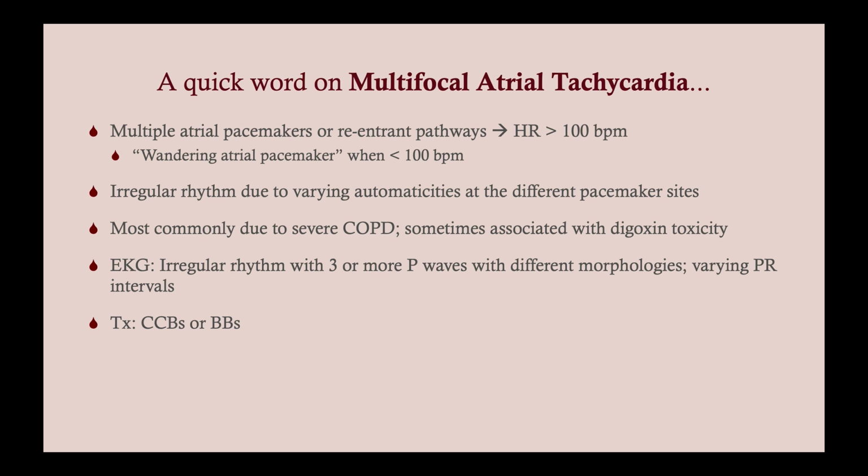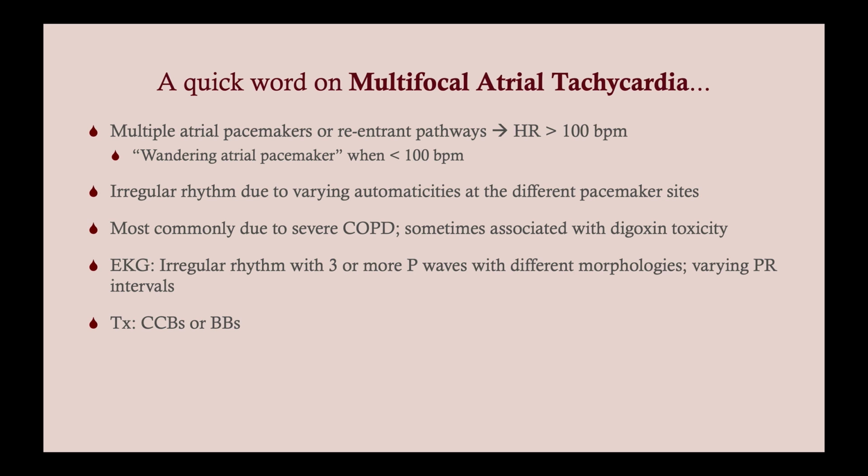The reason that our P waves always look the same in a normal sinus rhythm is because the P wave is originating from the SA node and moving in a coordinated manner down to the AV node. Well, if you have different areas of the atria that are initiating that activity, then you're going to have different looking P waves. They certainly are P waves because they are depolarizing the atria, but they're going to look different.